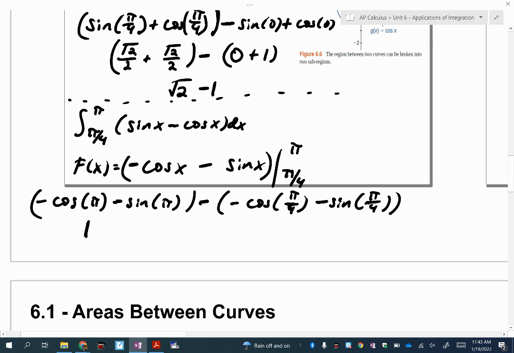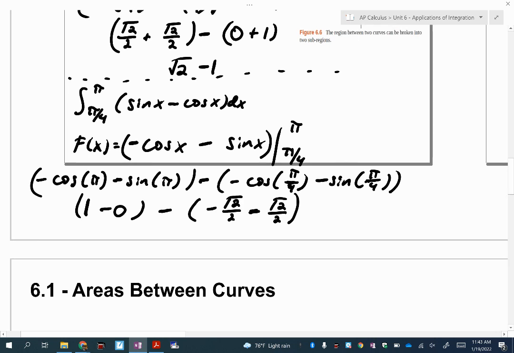Sine of pi is 0, so that's just 1, minus, both of those are the square root of 2 over 2, but we have negative square root of 2 over 2 minus square root of 2 over 2. So that's negative square root of 2, so this becomes 1 minus negative square root of 2, which is the same as 1 plus the square root of 2.